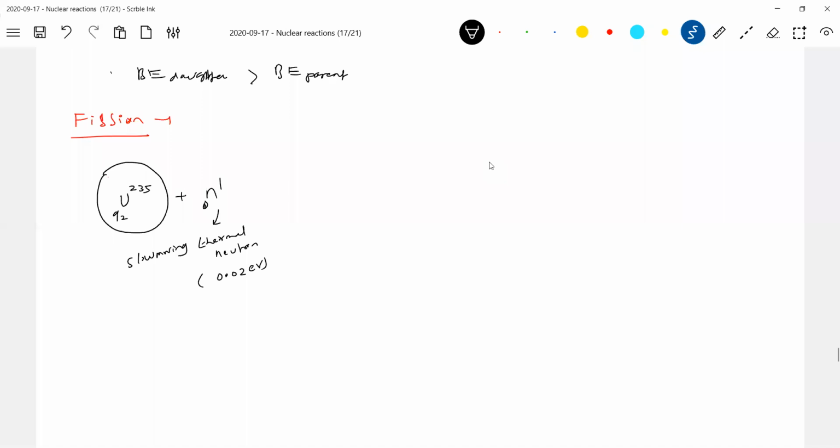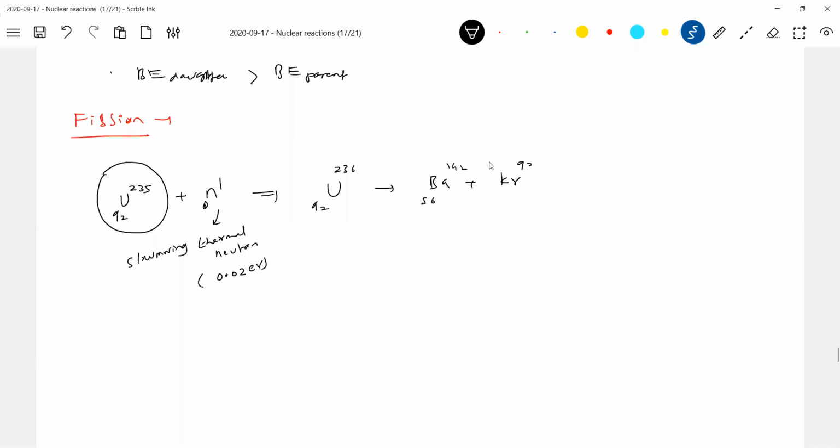When this uranium 235 captures a slow-moving thermal neutron, it will become uranium 236, 92. Then we get fragments, barium and krypton, which are very popular in books.